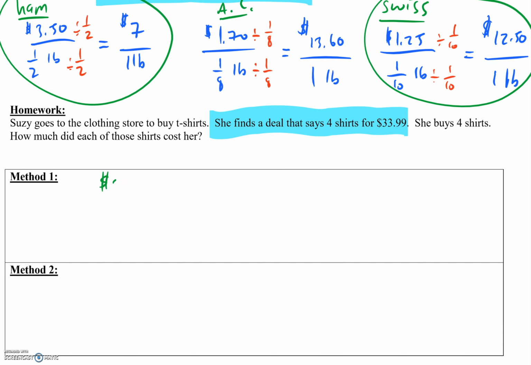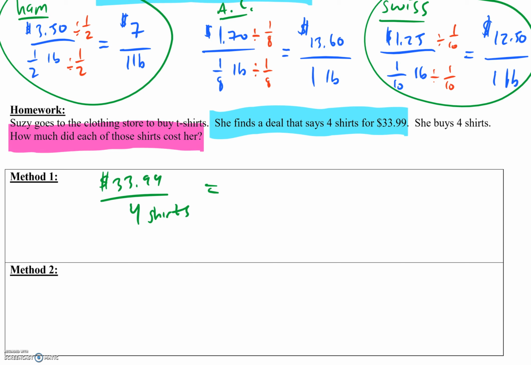We have $33.99 for 4 shirts. And that's going to equal something that we don't know. Well, we want to know how much each shirt cost her. Each shirt being 1 shirt. So in the next ratio, we're going to have 1 shirt. And we don't know how much 1 shirt is, so we're going to call that X.